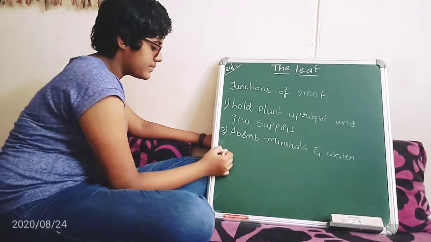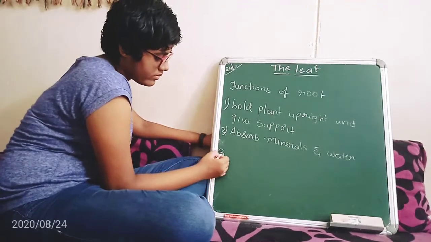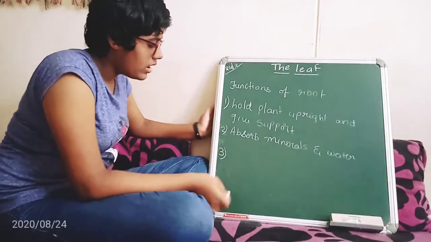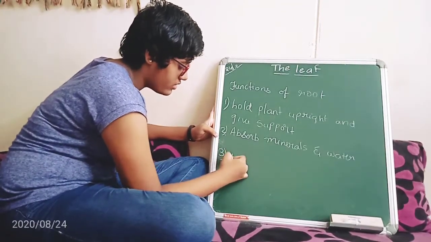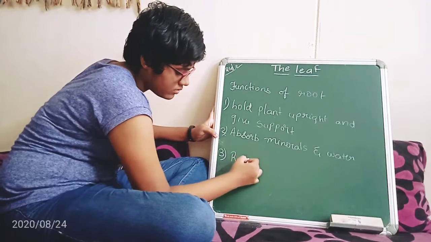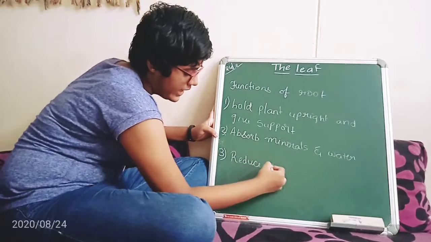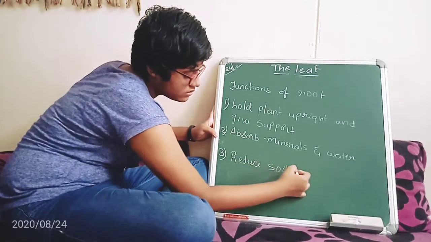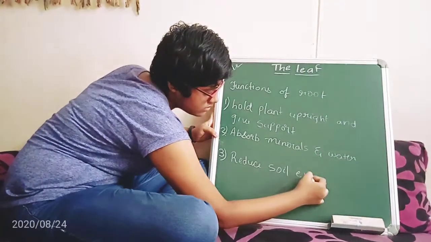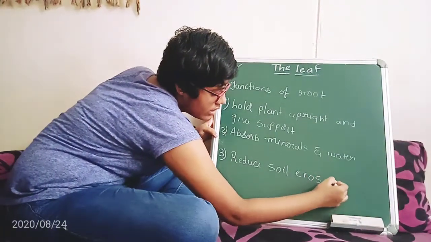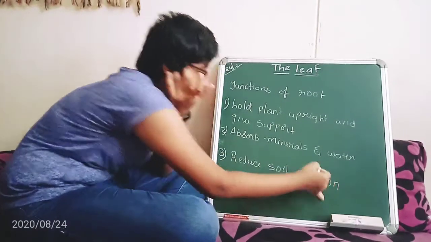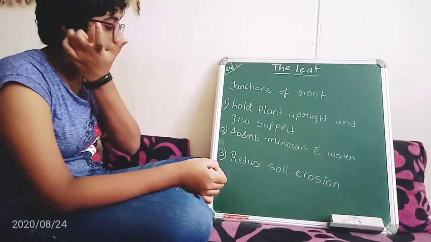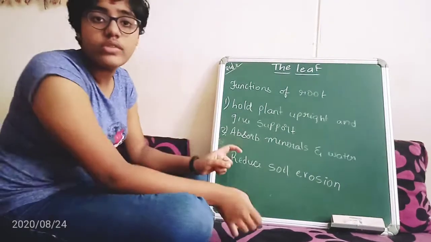The next one is to reduce soil erosion. So these are the three main functions of the root.